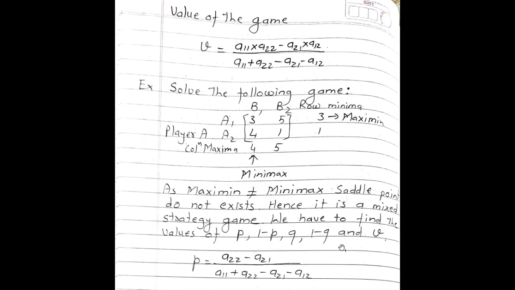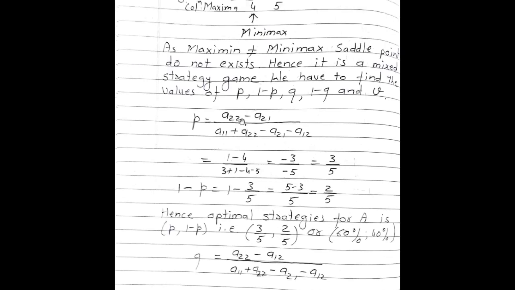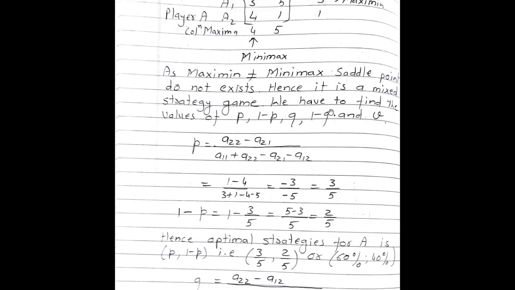So write down the formula for probability P. A22 minus A21 divided by A11 plus A22 minus A21 minus A12. If you observe the table, the value of A22 is 1.